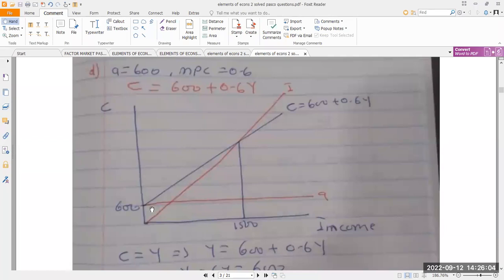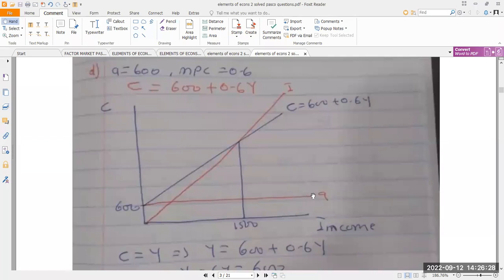Okay. So to graph this consumption function or curve, the autonomous is the intercept, the component of consumption that is independent of income. So we start from that. I think for the next question, we're supposed to draw this and indicate the autonomous consumption line. So that one is 600.